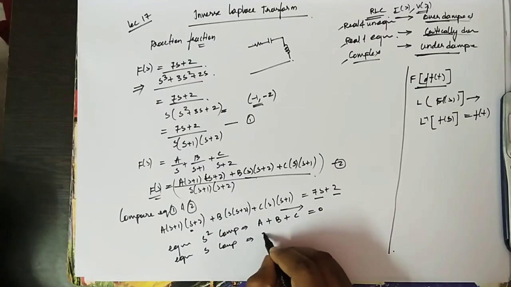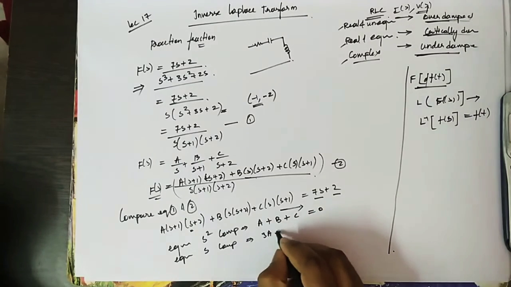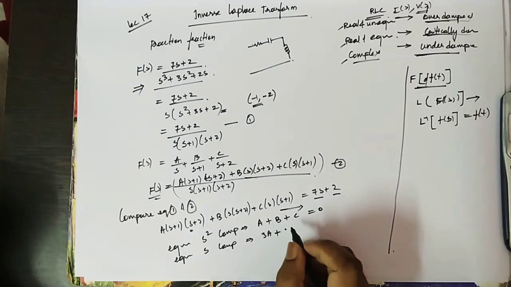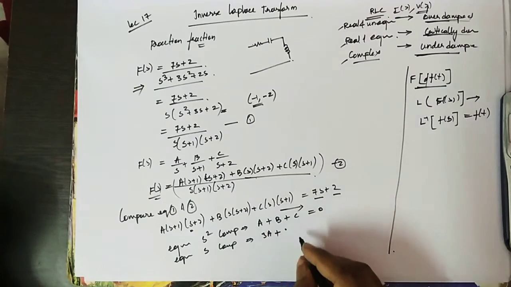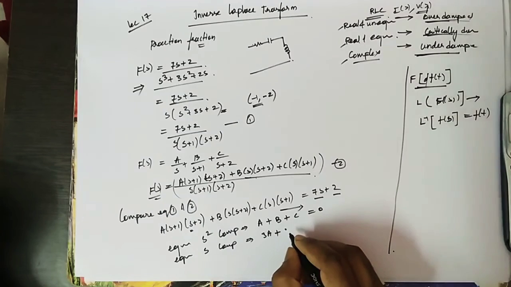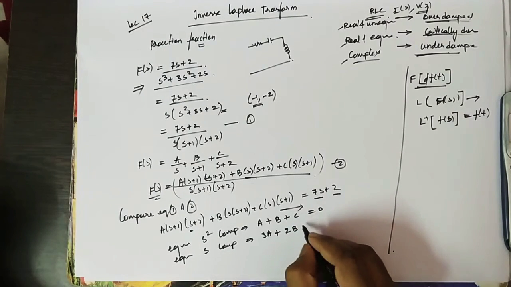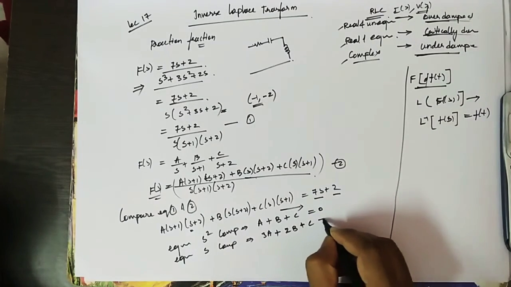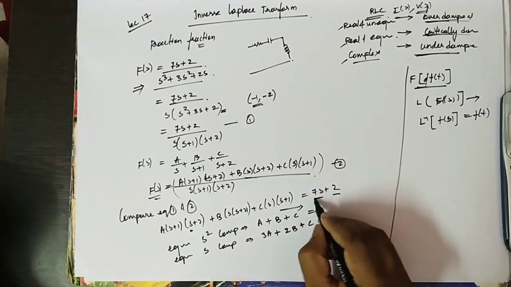3A plus 2B plus C equals 7. So that equates the s components.